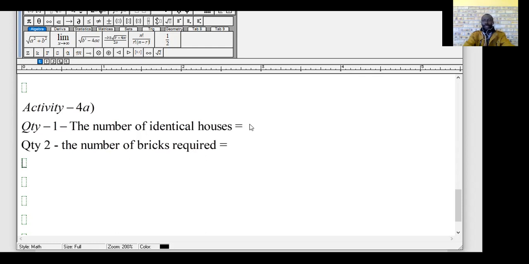Looking at real life, the population keeps increasing. Every day someone is born, and that person will grow and want a house. So the number of houses will keep changing, and because of that we call this a variable, or a variable quantity. How about the number of bricks? The fact that the number of houses can change means the number of bricks will also change. And so bricks is also a variable quantity.